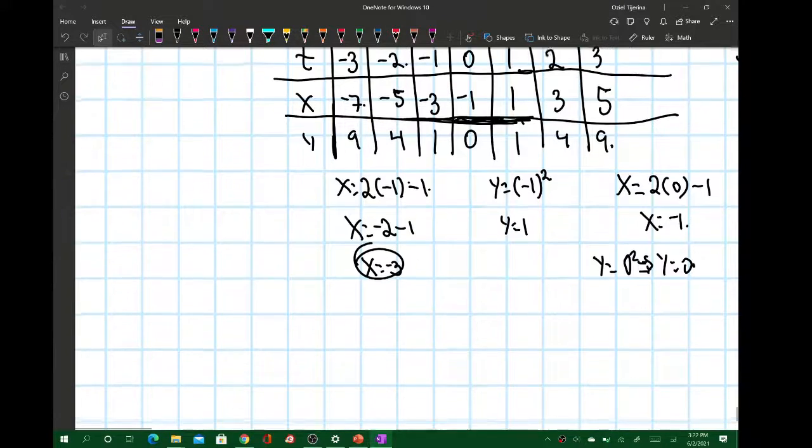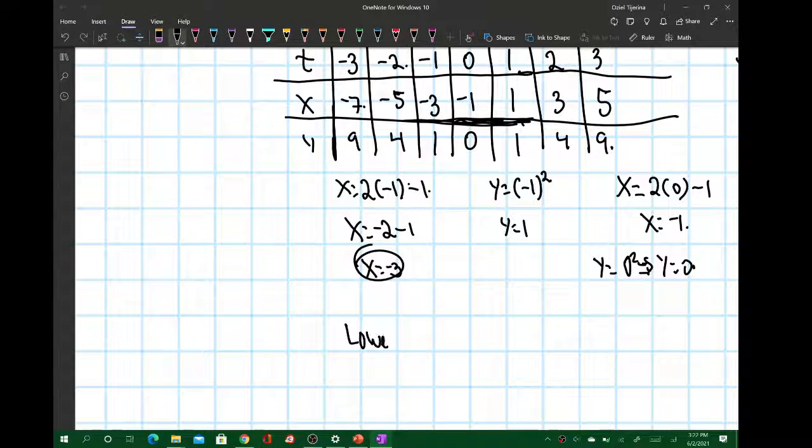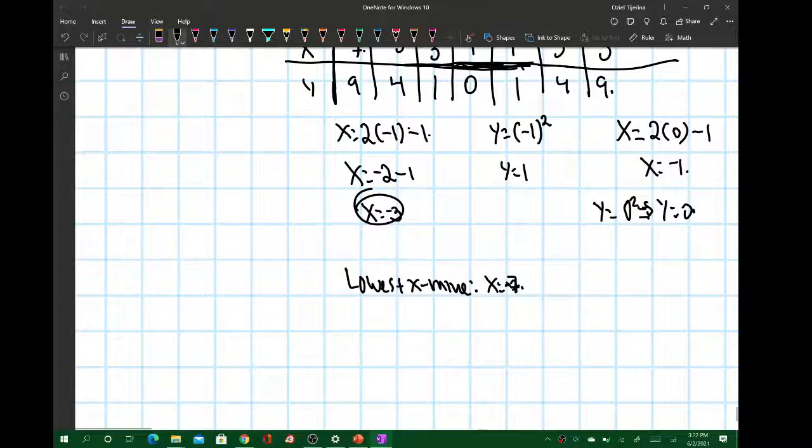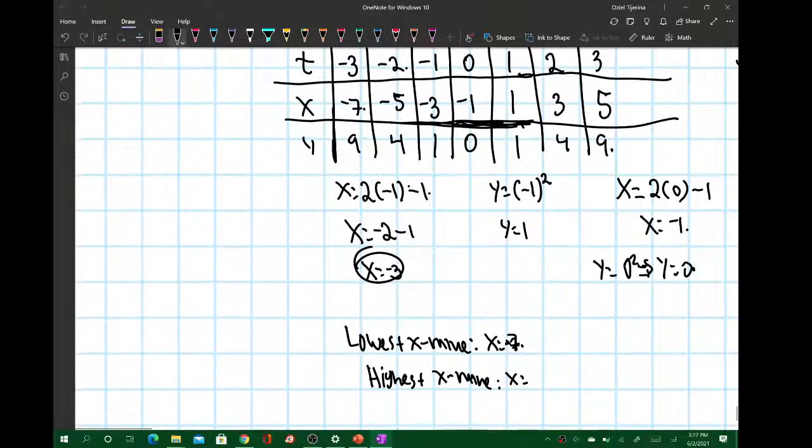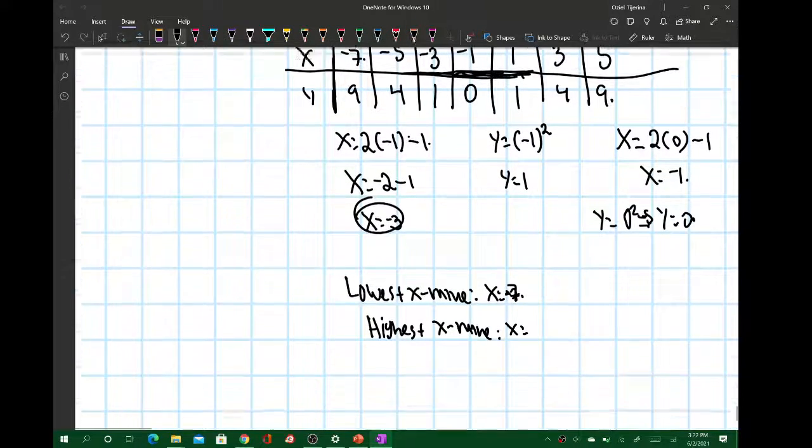Here, my lowest x value is x equals -7, right? And then my highest x value is x equals 5, right?